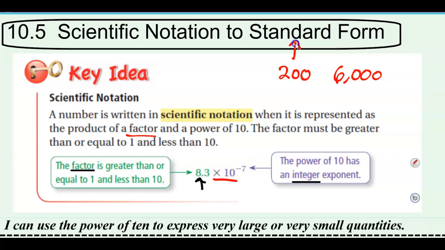The power has to be an integer, which means a positive or negative whole number, right? And then the factor, the most important part, is it's between 1 and 10. The factor cannot be a decimal, and it cannot be greater than 10. So those are the things that make it scientific notation.